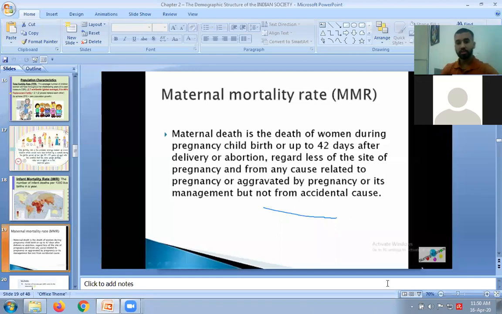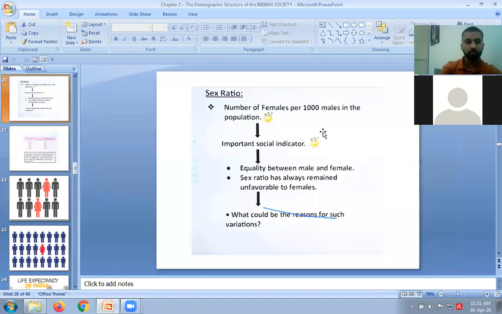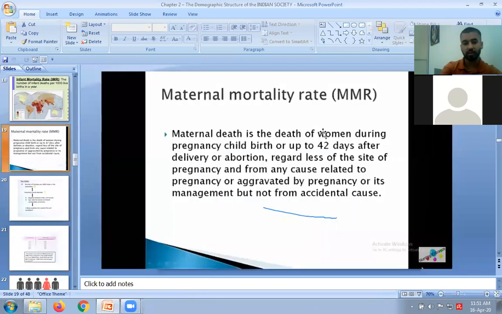Sometimes a mother who has given birth to a child may, due to pregnancy complications, reach her death. This happens at times. So we calculate all these things through maternal mortality rate. It's MMR, maternal mortality rate.